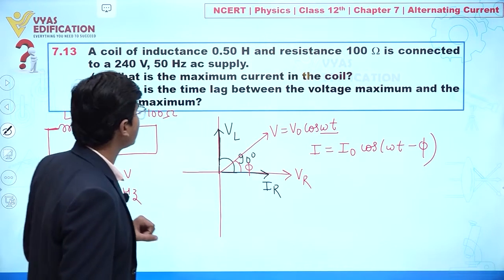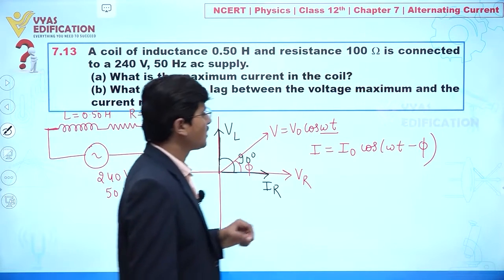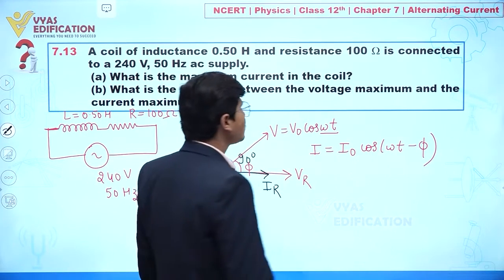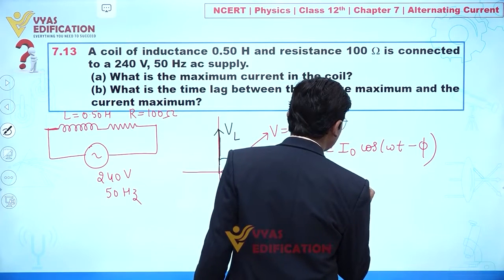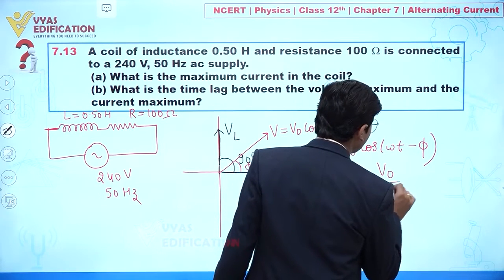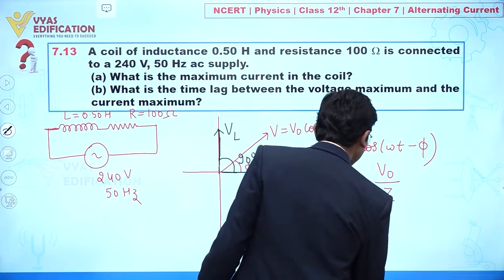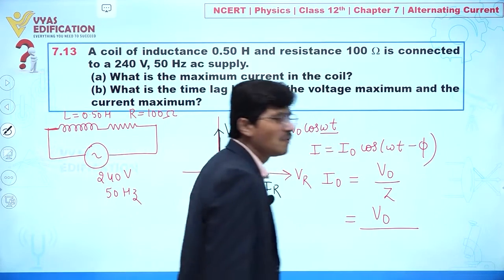Now what is my objective here? To find the maximum current, my first objective is to calculate the value of I naught. I can say this is given by V naught by Z. Now what is impedance?